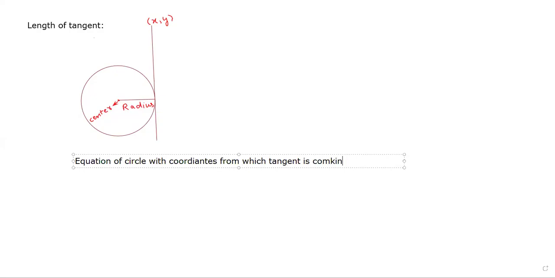These two pieces of information will be given. The equation of this circle will be given to you, and this coordinate from which the tangent is coming will be given to you. What they will be asking is that the length of tangent will be unknown.